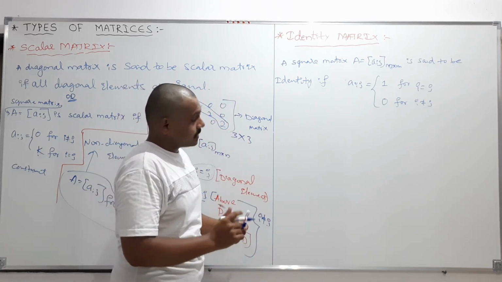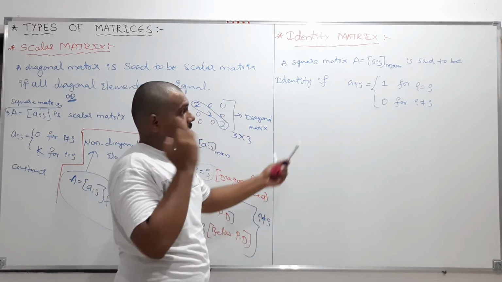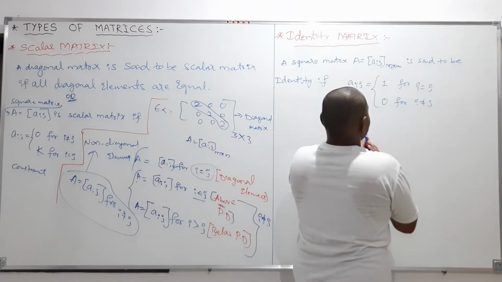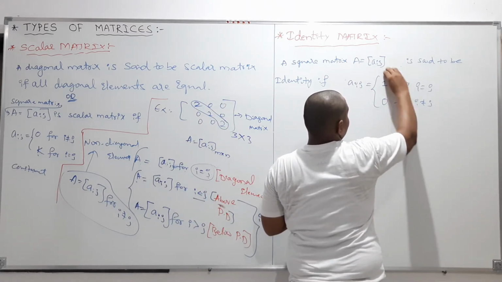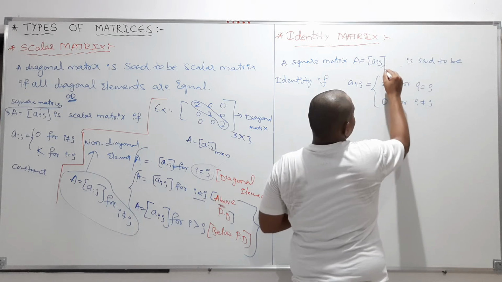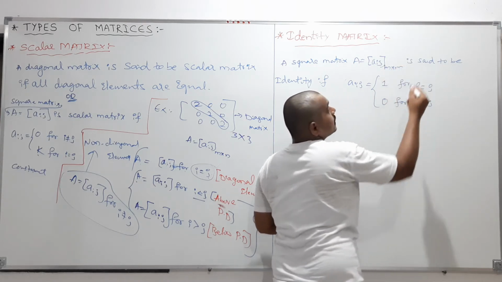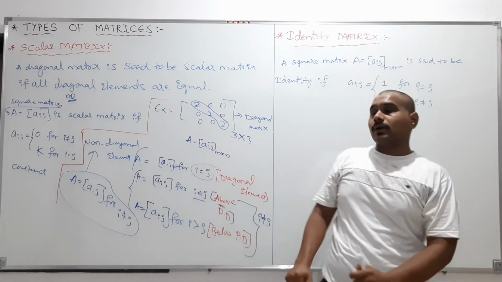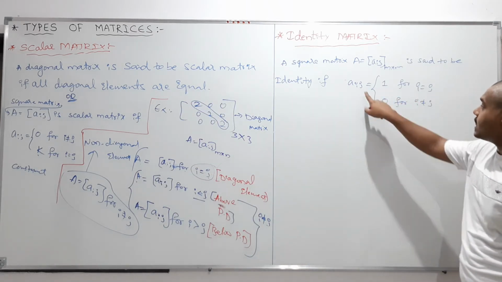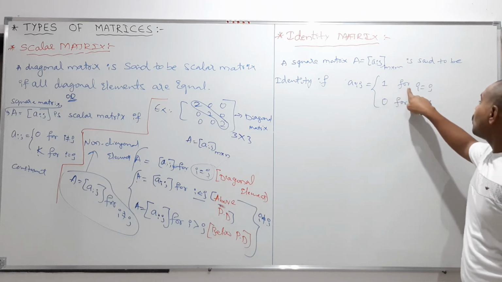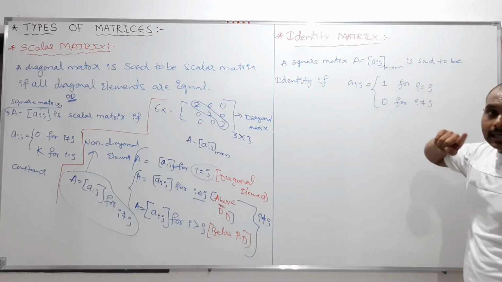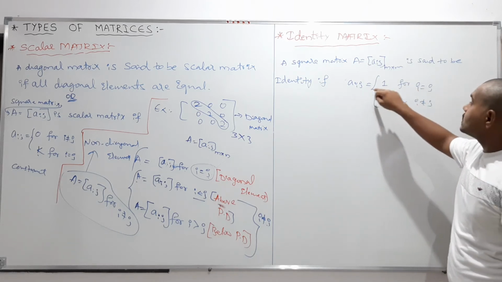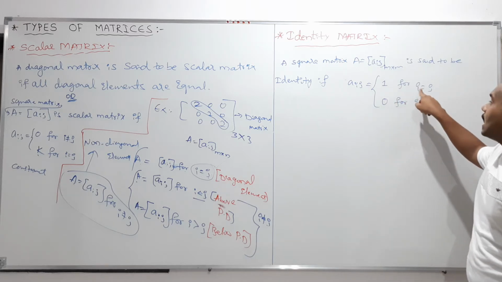So my dear students, a square matrix A equals Aij of order m cross m is said to be an identity matrix if Aij is equal to 1 for i equals j. So what does it indicate?